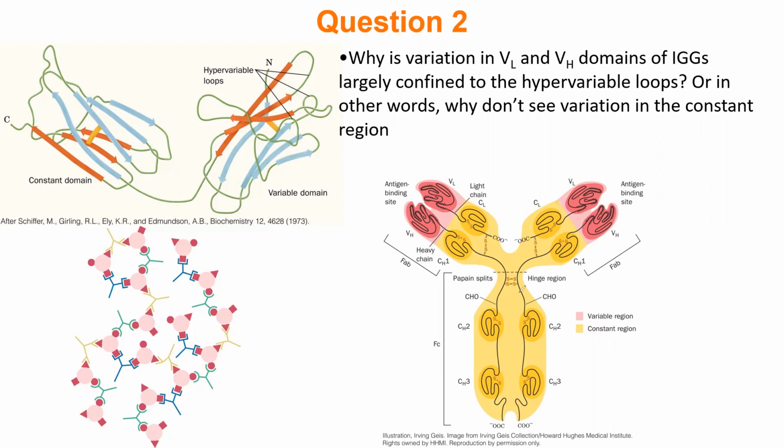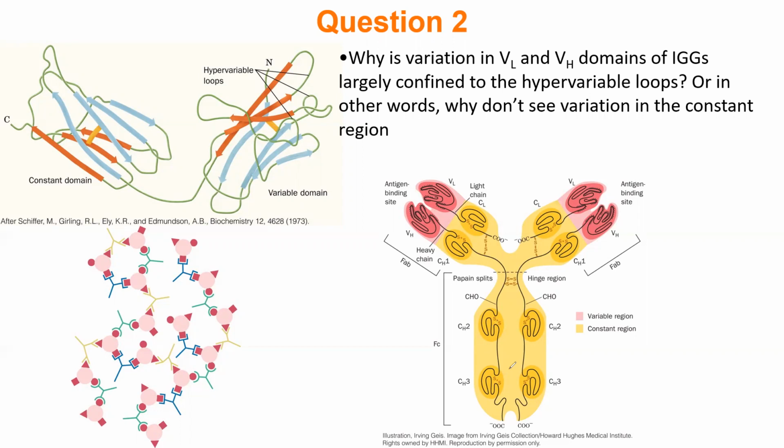Therefore, it makes sense that the tail will remain constant. Because if every antibody had a different tail, that means we would need to have a different protein to interact with those antibodies, which would be very wasteful in terms of energy.